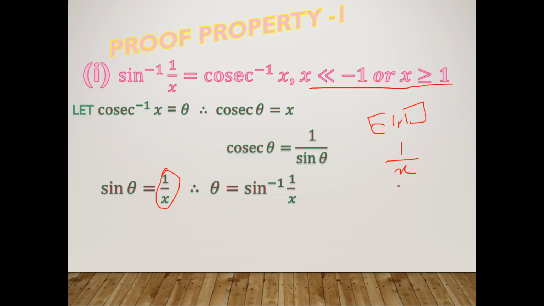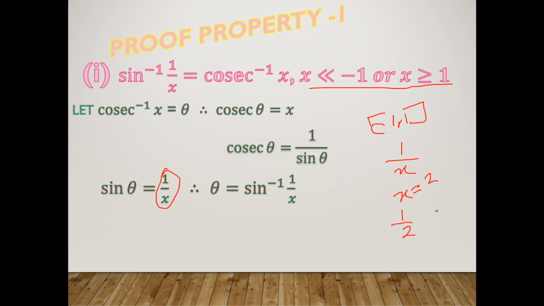Okay, now if we take some particular values, suppose we take x equal to 2, and you have to consider those values that satisfy this condition, x less equal to minus 1 or x greater equal to 1. So all of us know that x equal to 2 is greater than 1. Okay, so what will be 1 by x?